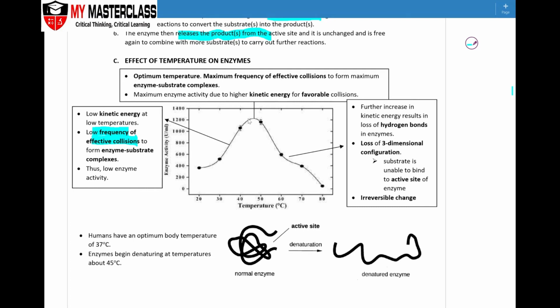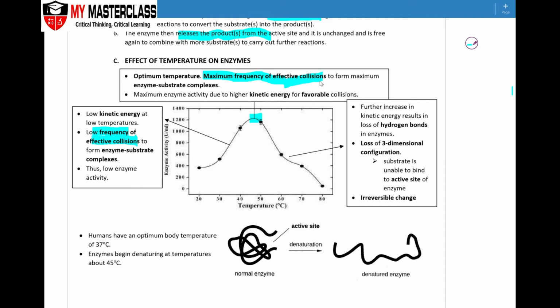Right at the optimum temperature, for humans it will be 37 degrees Celsius, our normal body temperature, I have got the maximum frequency of effective collisions. Which means my enzymes and my substrates are colliding at the maximum possible level in a correct orientation.